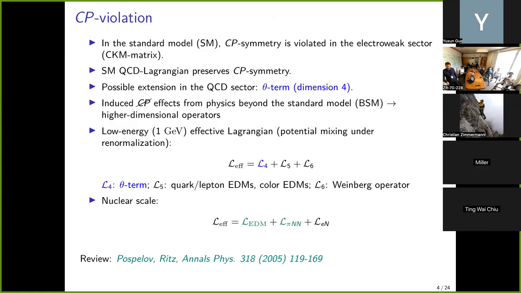In this talk, I will basically refer to the first two, electric dipole moments of the nucleon and CP violating pion coupling. So, if you want a reference for review for all these points, there is one by Pospelov.